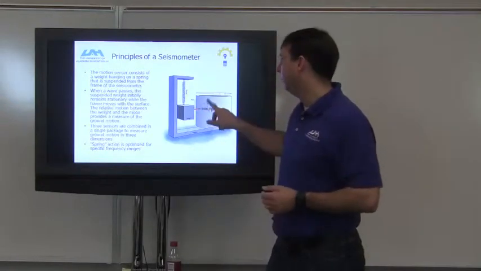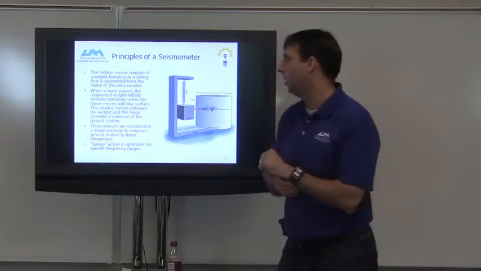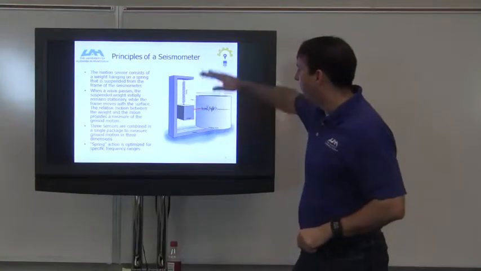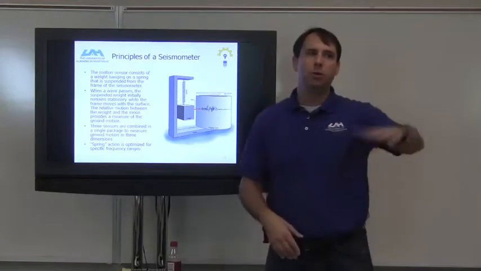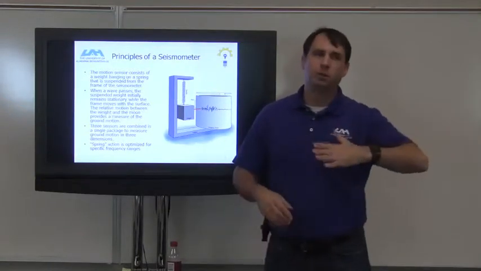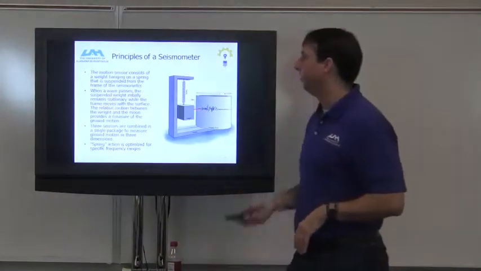They don't need a big roll of paper anymore. So basically, the wave moves this thing, and this thing stays. That's how they work. One thing has to move, and one thing moves slower or stays independent of the motion. We can do this electronically. It's very easy to do.